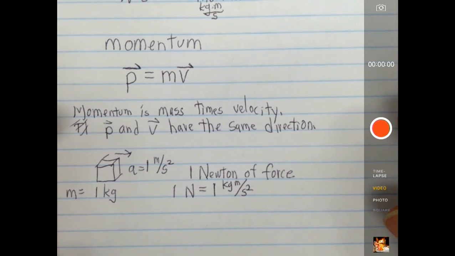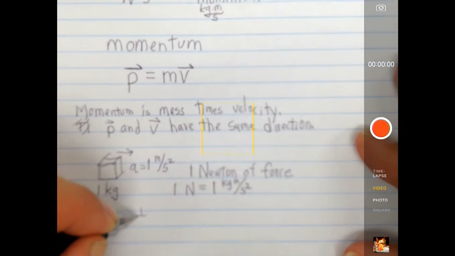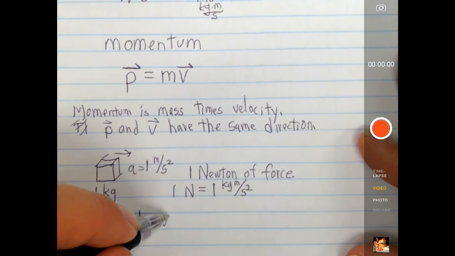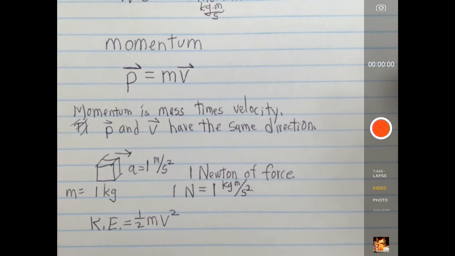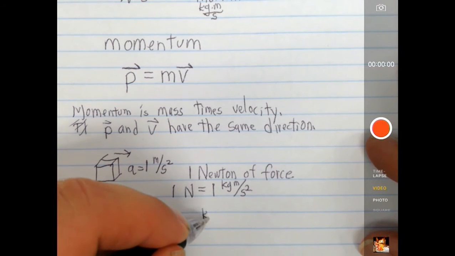The kinetic energy of an object is given by the formula 1/2 times mv squared. So its units are kilograms.